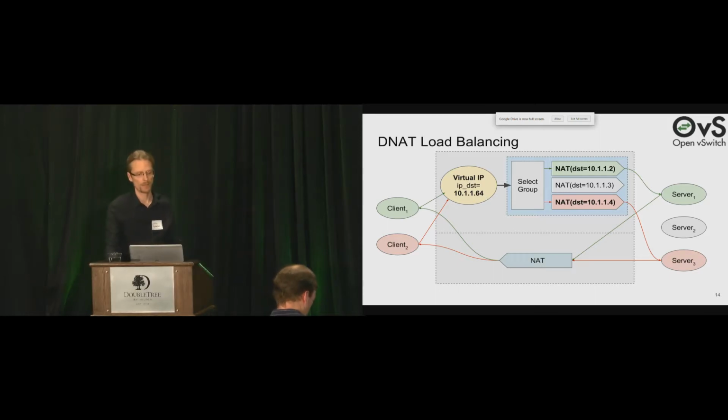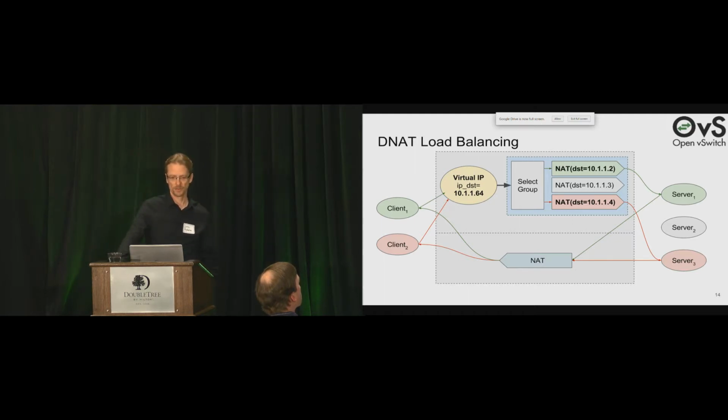And then when we match on that destination IP address here, 10.1.1.64, we steer the traffic to an OpenFlow group table entry, which implements a select group, which makes a selection among the available servers.